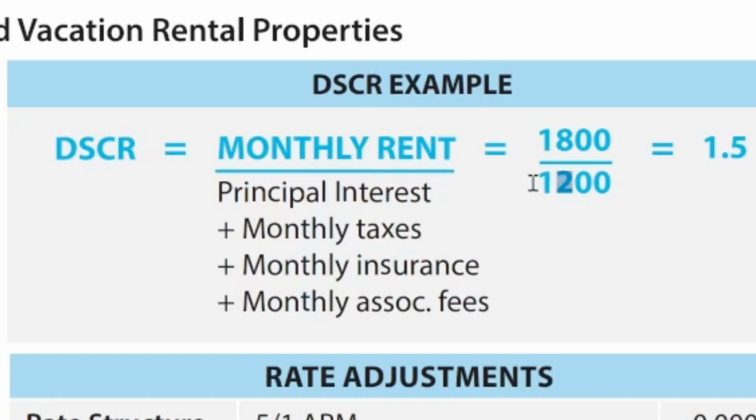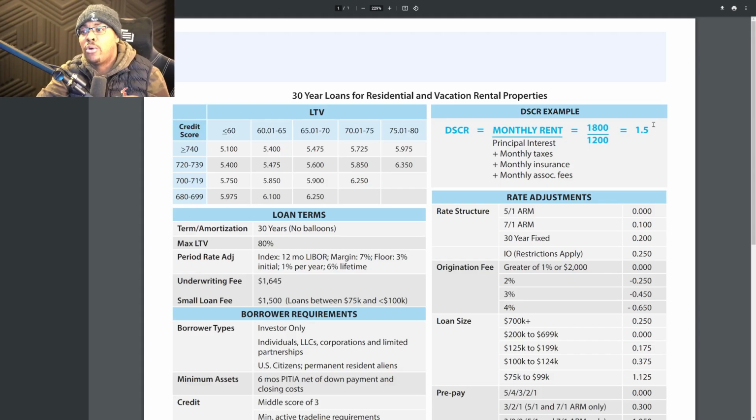So let's say it's costing you $1,200 per month, but you're bringing in $1,800 per month. So you have about a $600 spread between what it's costing you and what you're generating in income on that property. And this gives a debt service coverage ratio of 1.5. Most lenders, I would say, are usually at 1.1 or 1.2 from all of the lenders that I work with, and recently it's gone up a little bit given the current environment.